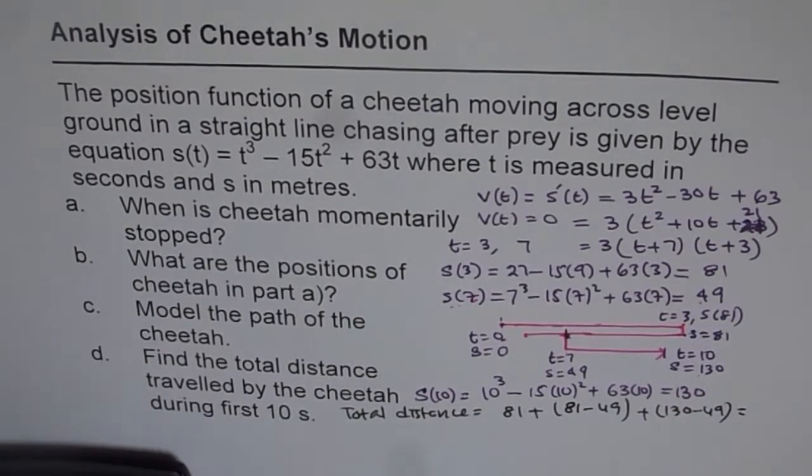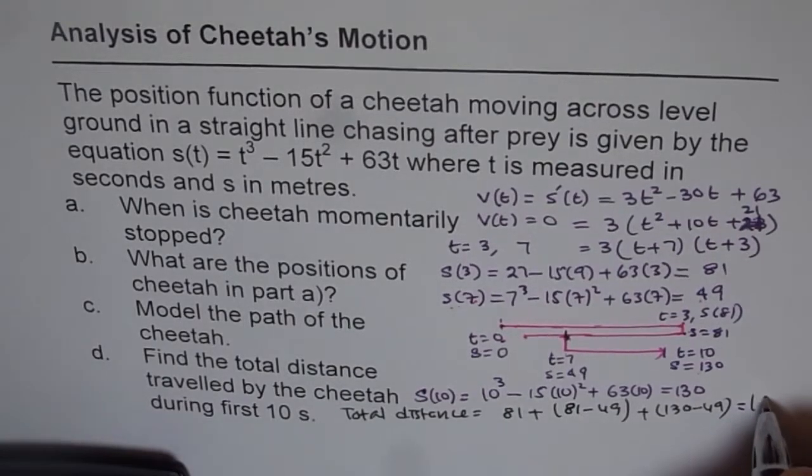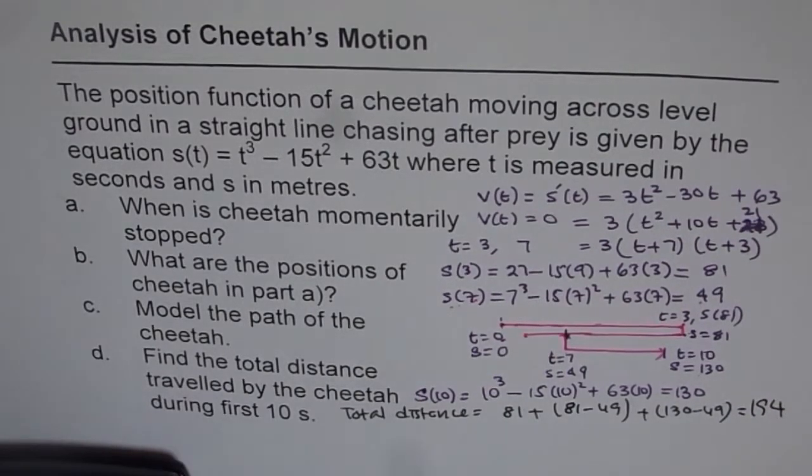Now let's calculate this distance, which is 81 plus 81 minus 49 plus 130 minus 49. And we get a total distance of 194. So 194 meters is the total distance covered by the cheetah during this time, right?